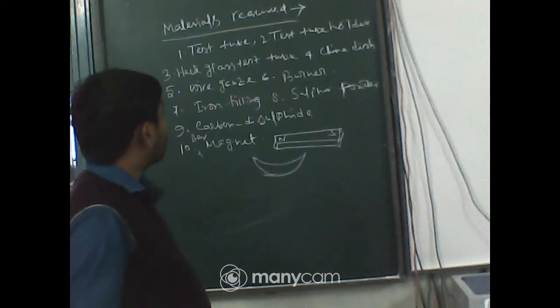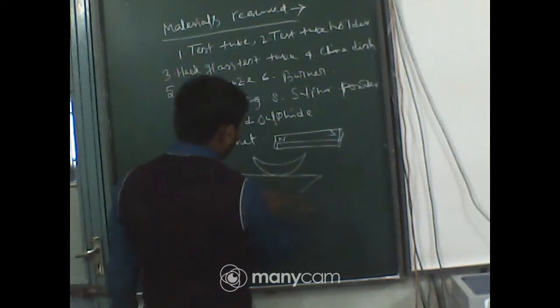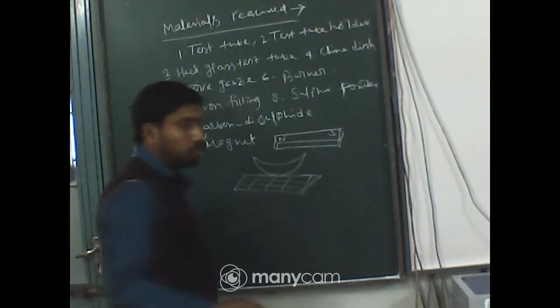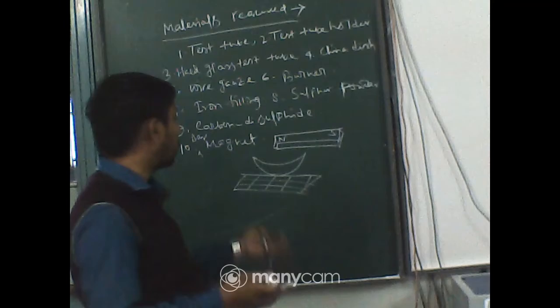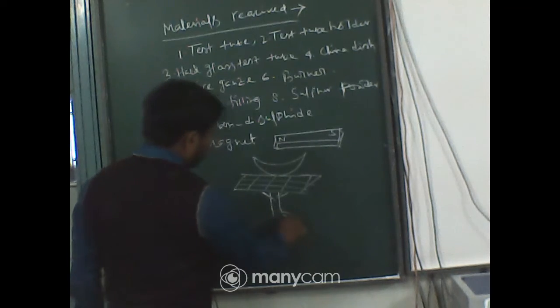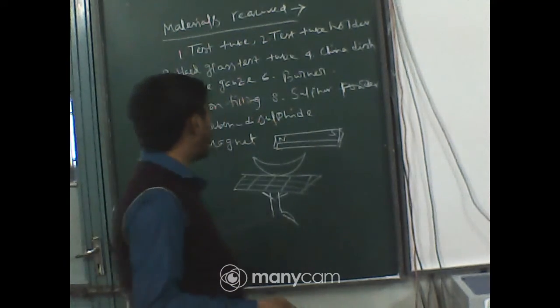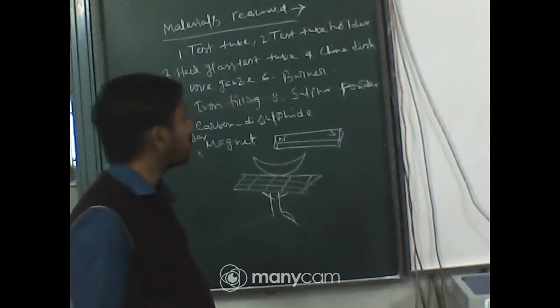Wire gauge is a kind of material we use so that the heat is dispersed uniformly, and below it there is the burner. This is iron filling, the dust of iron, and sulfur powder. Iron filling is of deep brown color, sulfur powder is of light yellow color.